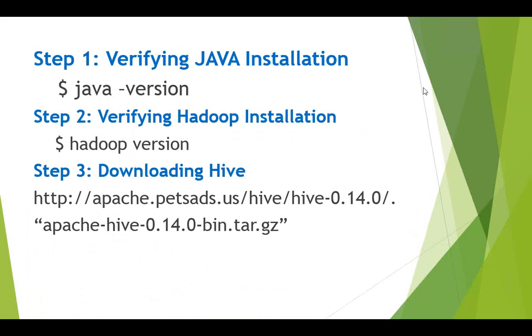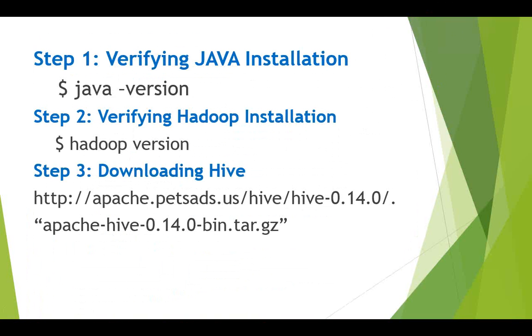We have to see now how to install Hive in our system, and then do some query language. If you have downloaded Java, installed it, and installed Hadoop, and now you have downloaded Hive also, what should be next?